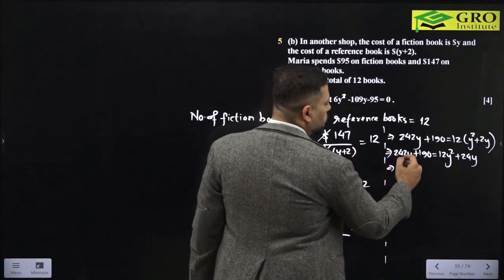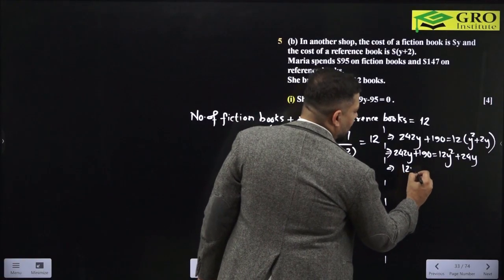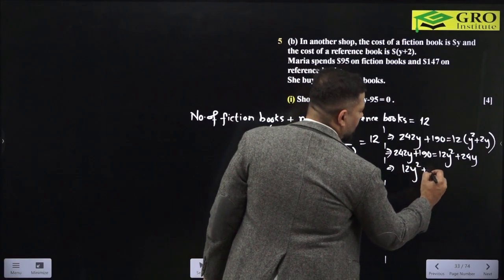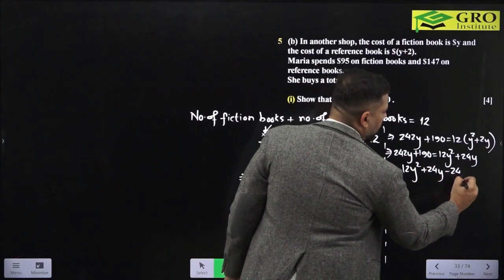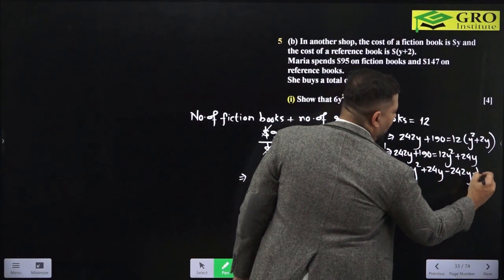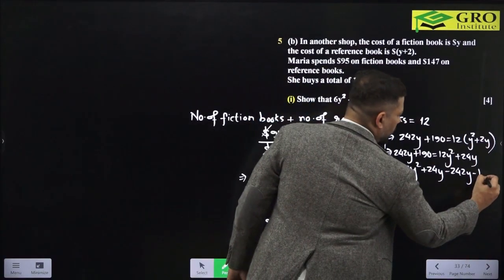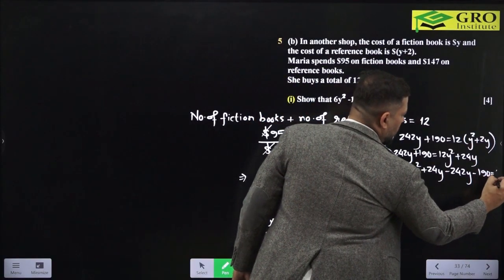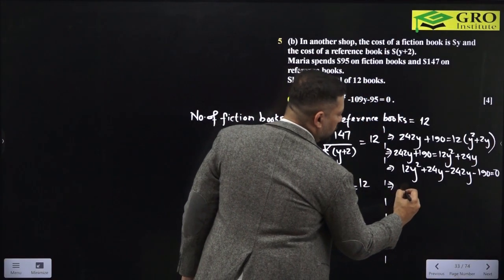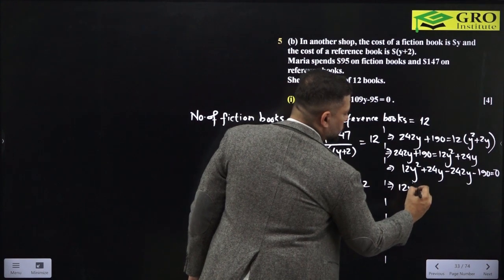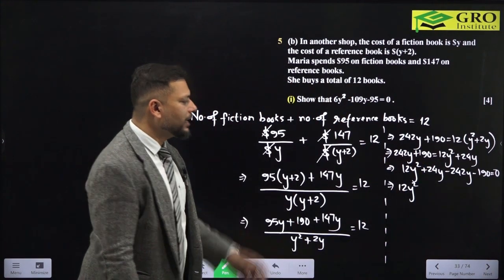So if I transpose 242y and 190 to the other side, I will get 12y square plus 24y minus 242y minus 190 equals to 0.